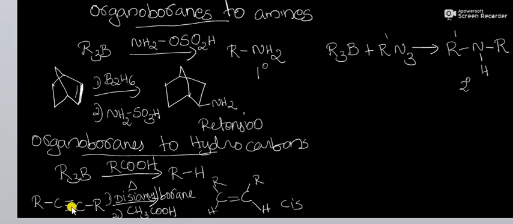For example, when alkyne is treated with dicyclohexyl borane, it will be converted into a borane with the substituted borane and followed by treatment with acetic acid, it will be converted into hydrocarbon RH. So in short, alkyne is converted into cis alkene in the presence of dicyclohexyl borane followed by acetic acid.